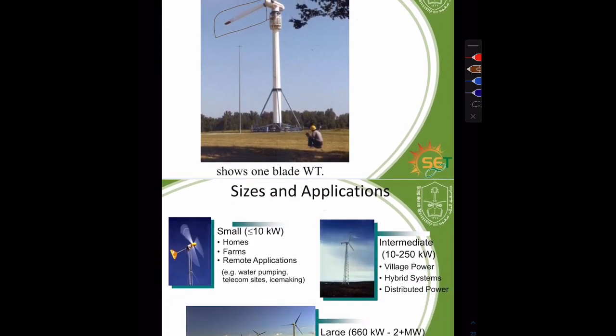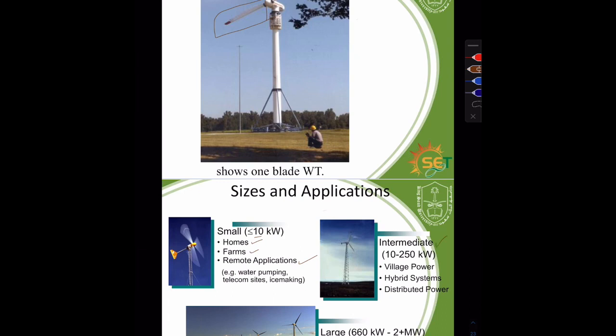Sizes and applications. Small turbines produce less than or equal to 10 kilowatts, used for homes, farms and remote applications.